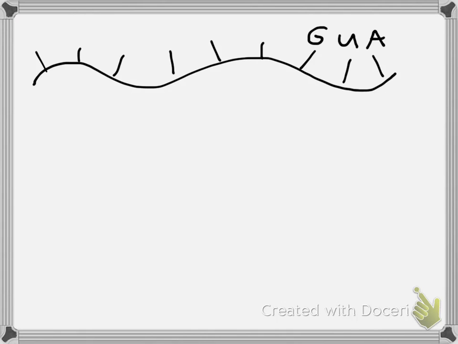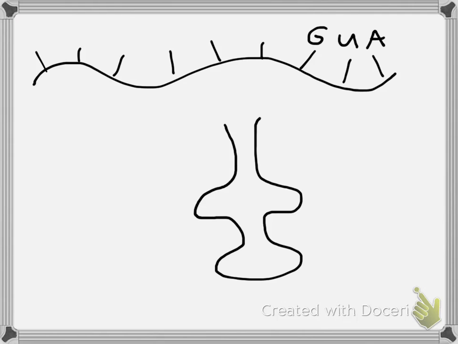tRNA is a little bit different. tRNA is shaped something like a T. It's also floating around in the cytoplasm. It has nucleotides all along it as well, but it only has 3 nucleotides that we'll ever talk about, which are here at the bottom of the tRNA molecule.